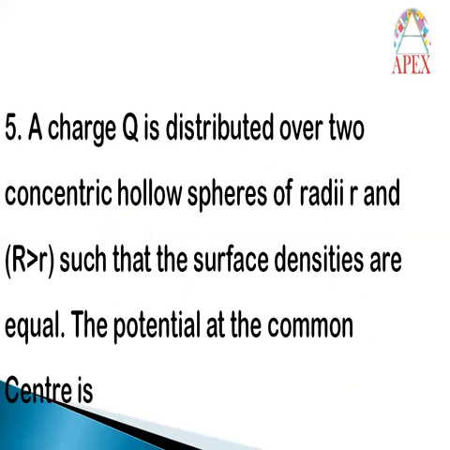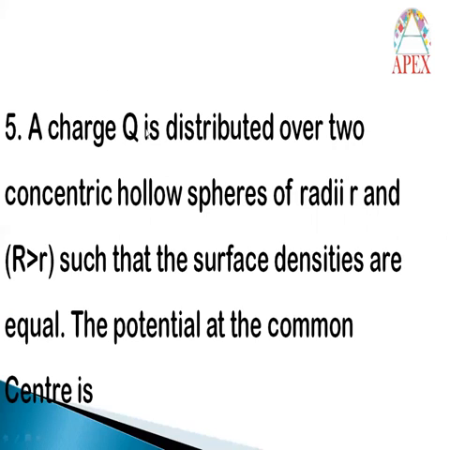Okay. Next question number 5. A charge Q is distributed over two concentric hollow spheres of radii small r and capital R, such that the surface densities are equal. The potential at the common center is? Capital R is more, the outer one is capital R, and the inner one is smaller.